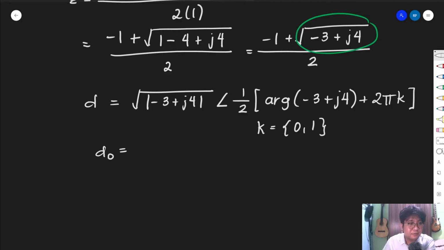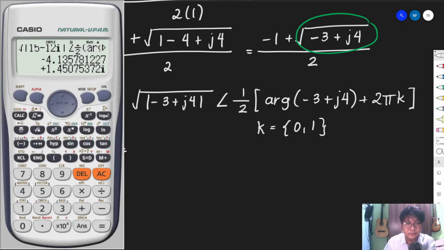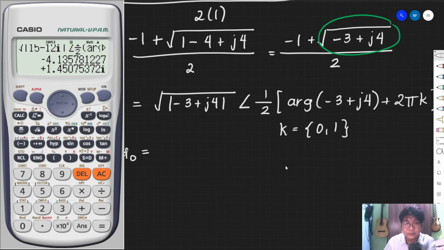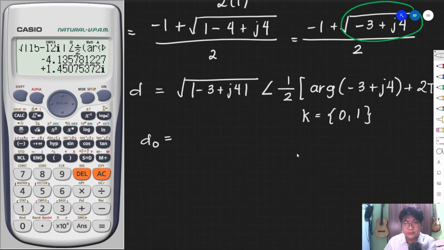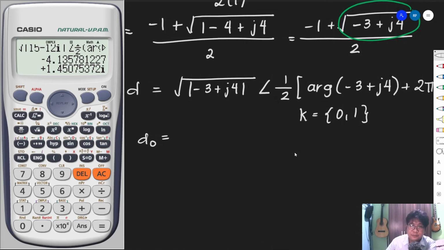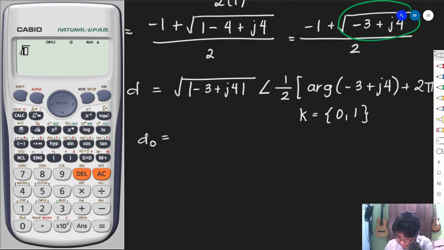Labas natin yung calcu natin, para kitang-kita natin. So we have here our calculator. We have the square root of the absolute value of negative 3 plus 4i. Then shift minus sign para lumabas yung angle natin.